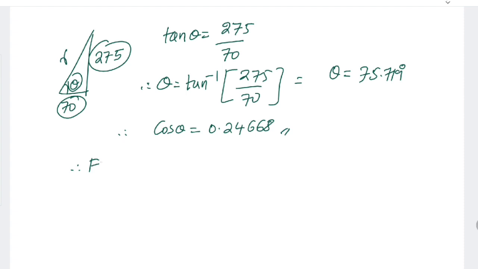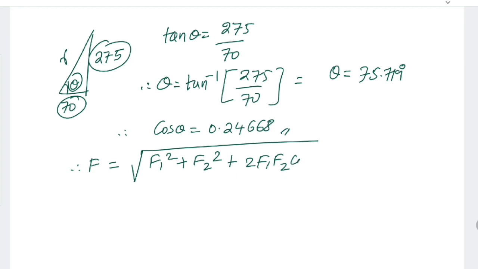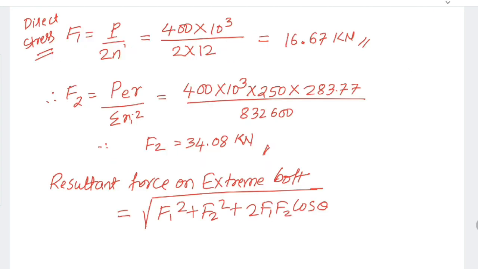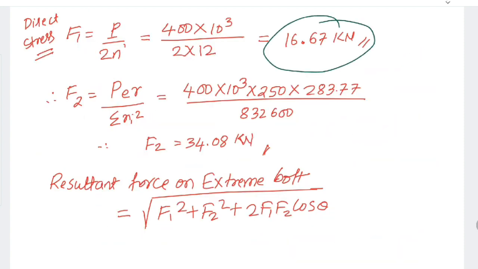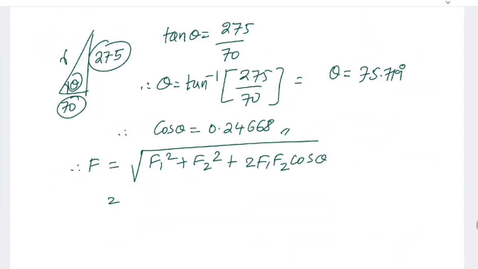Now directly substitute and find the resultant. F is equal to the root of F1 square plus F2 square plus 2 F1 F2 cos theta. You know F1, and you can write it directly in kilonewton. F1 is equal to 16.67 and F2 is equal to 34.08.